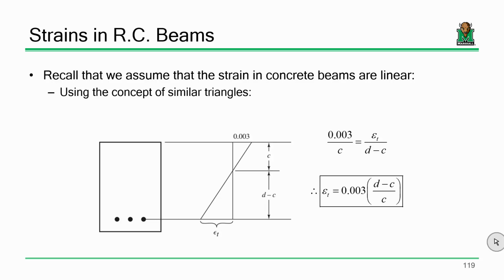Now, the one point I will make is, we do this right now to check whether or not the tensile steel has yielded. Because right now, we're dealing with beams that look like this. And all we care about right now is that the tensile steel has yielded and that strain is larger than 0.004. And that'll always be the case for a singly reinforced concrete beam. A doubly reinforced concrete beam, however, that might not be the case.